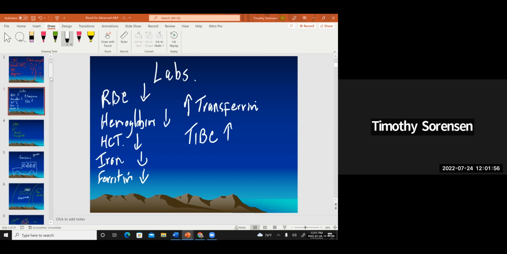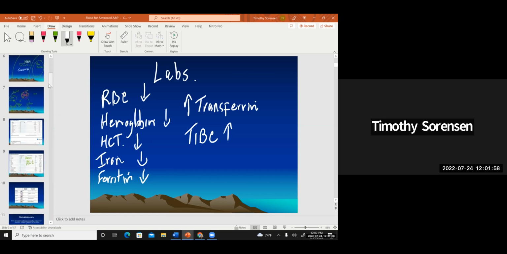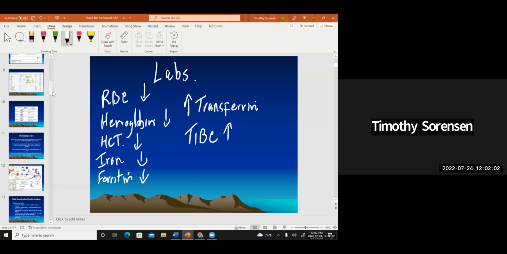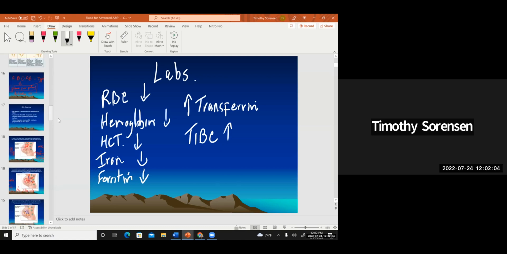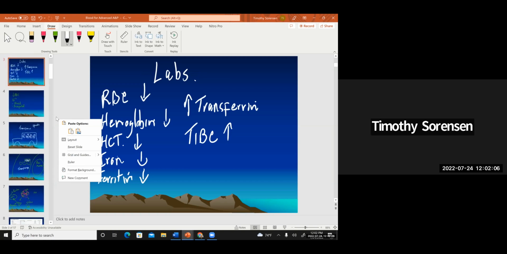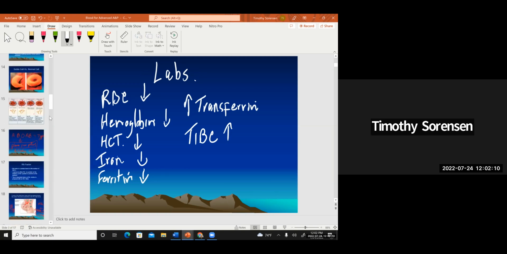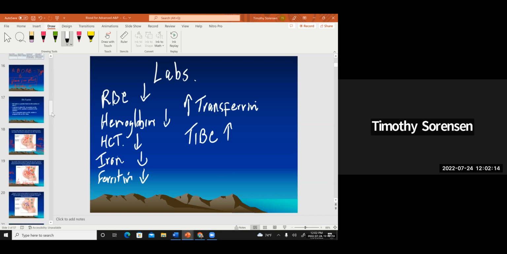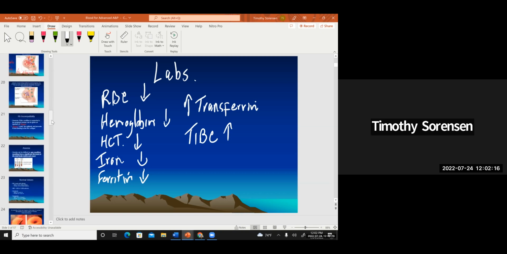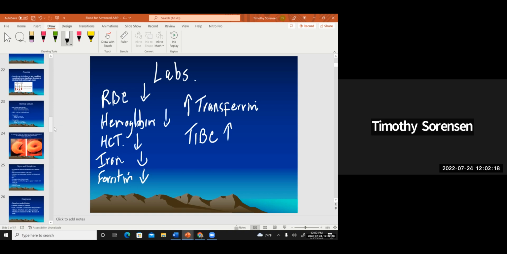Now, just intuitively, you should know some of the problems associated with iron deficiency anemia, right? I mean, remember that the major function of red blood cells is to transport oxygen down to the cells of the body.